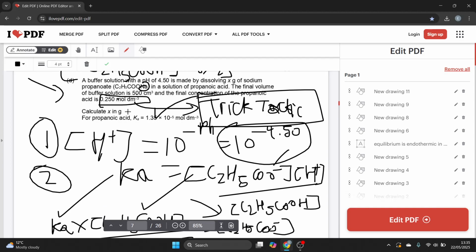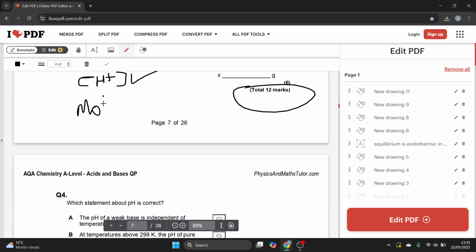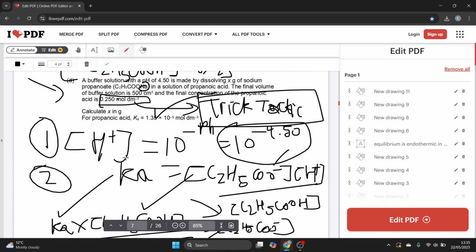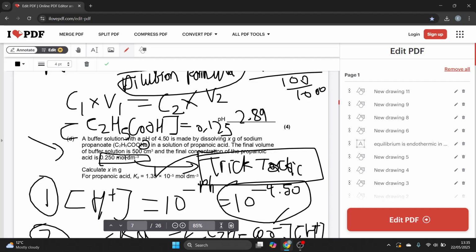So moles is concentration times volume. The moles is going to be this answer times the volume, which is the final volume of 500 centimetres cubed, so 500 divided by 1,000.